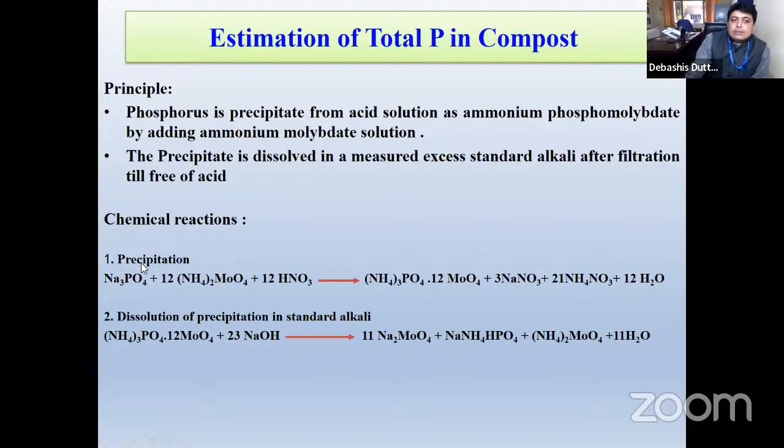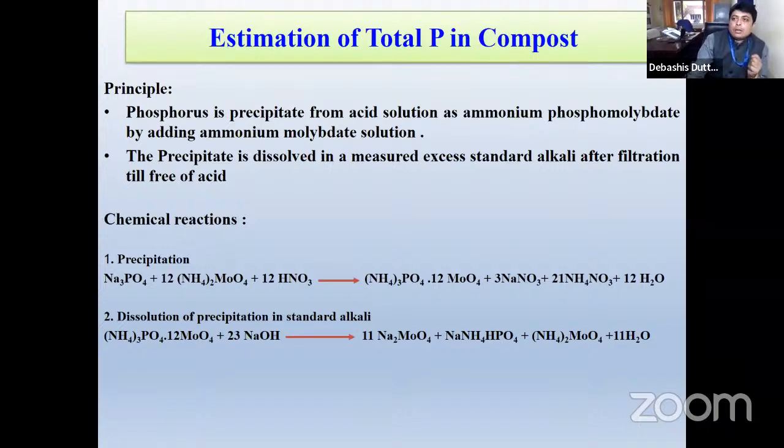At first we precipitate with ammonium molybdate solution. Then this ammonium molybdate precipitate is dissolved in sodium hydroxide, and the excess sodium hydroxide is back-titrated with sulfuric acid. By comparing the blank and the titrated samples, we can estimate how much total phosphorus is present in the compost.